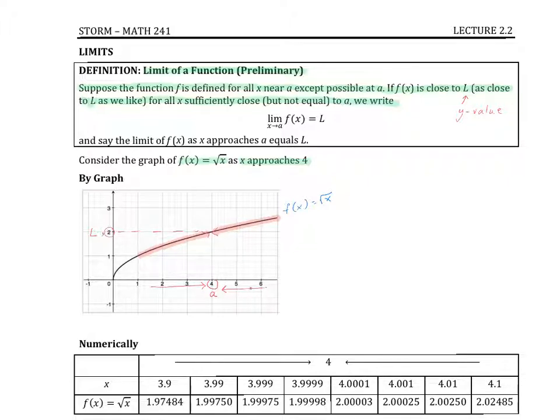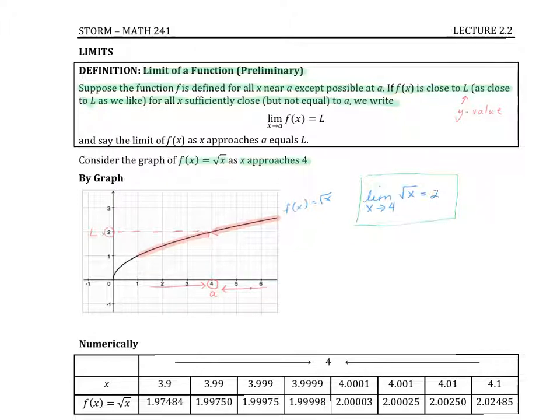And we write the limit as x approaches 4, that's our a value, of our function f of x, which in this case f of x is the square root of x. That's going to be equal to our limit L. Our limit L is 2.